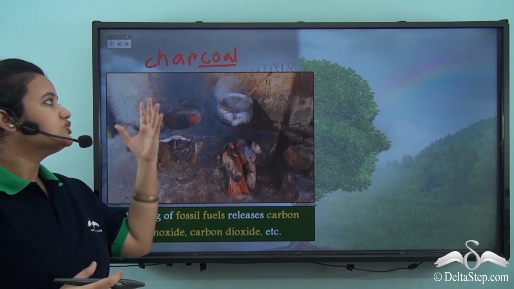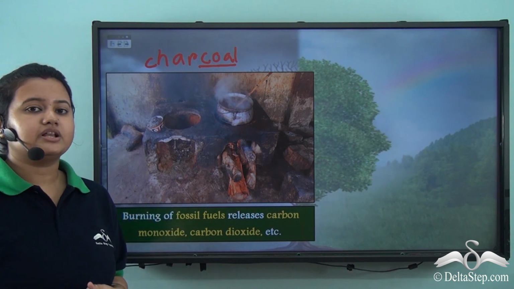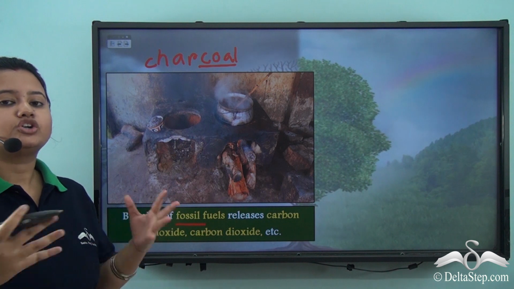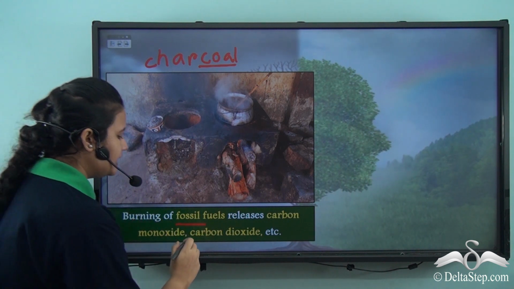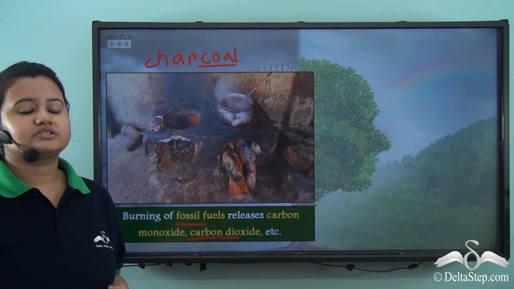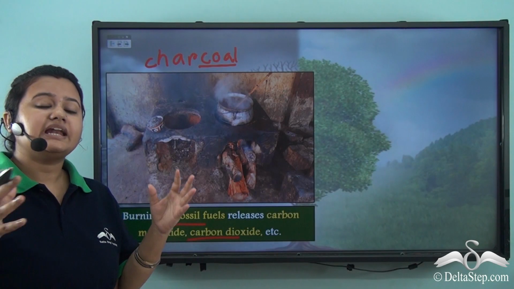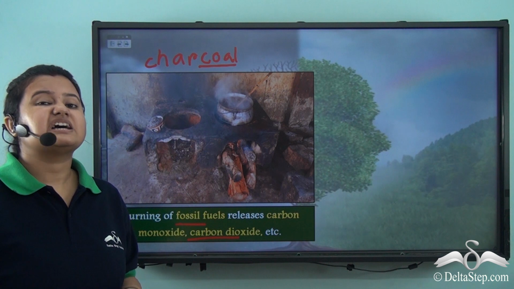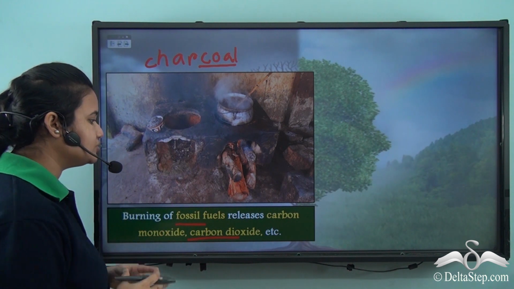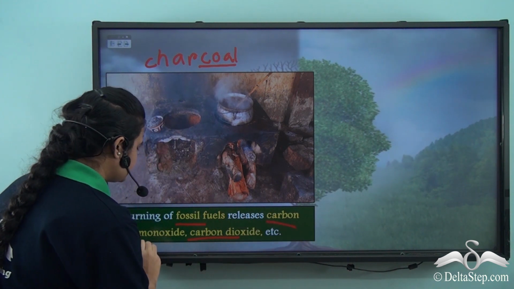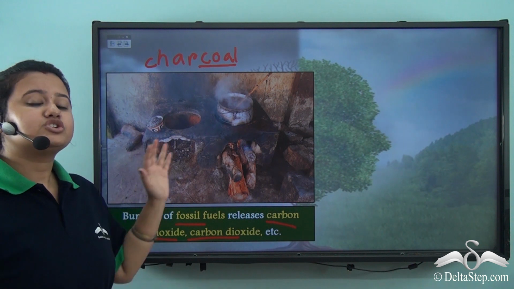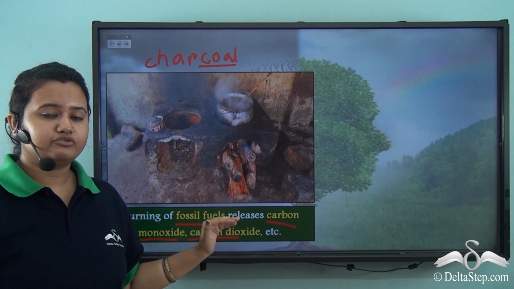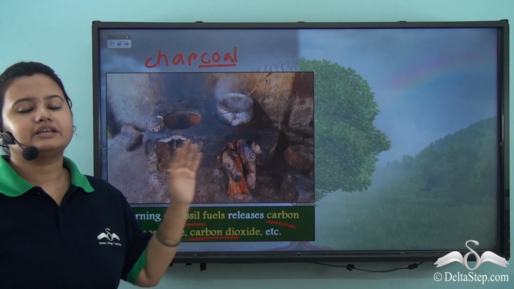Now we know coal is a fossil fuel. So burning of fossil fuels releases toxic gases like carbon dioxide, sulfur dioxide, etc. In fact, incomplete combustion of these fossil fuels may release a deadly gas which is known as carbon monoxide. So these are toxic gases that are released due to burning of fossil fuels in old traditional kitchens.